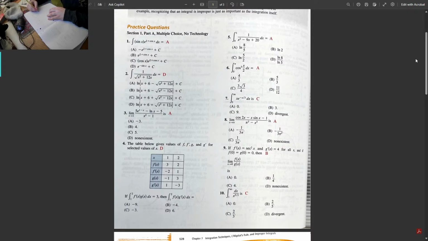So natural log of 2 over 5 over 4, so 8 over 5. And that's the answer, it's A.